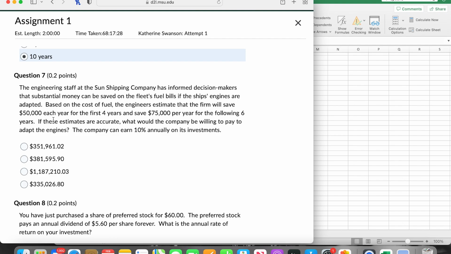Because we're looking at what would the company be willing to pay to adapt the engines.